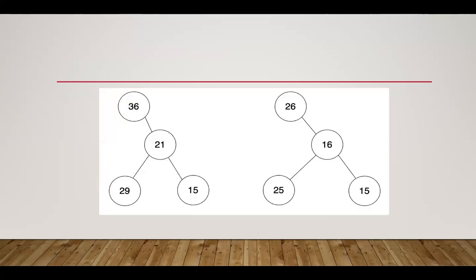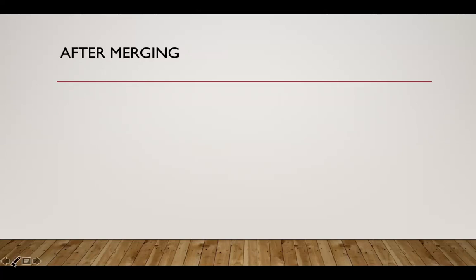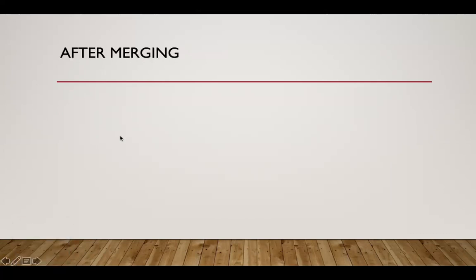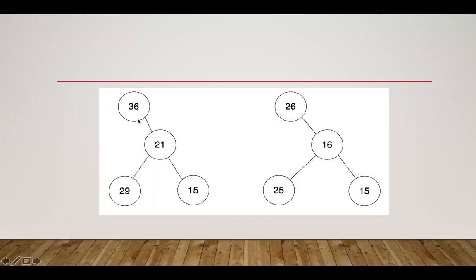Let's have a diagrammatic representation of this. So let's say we have two weak heaps here. As you can see, 36 is the root node for the first weak heap, and 26 is the root node for the second weak heap.